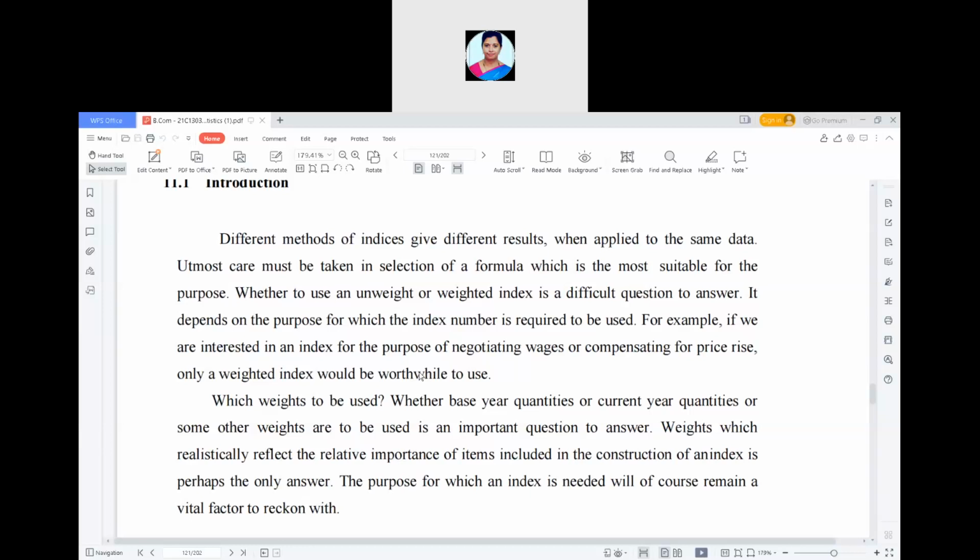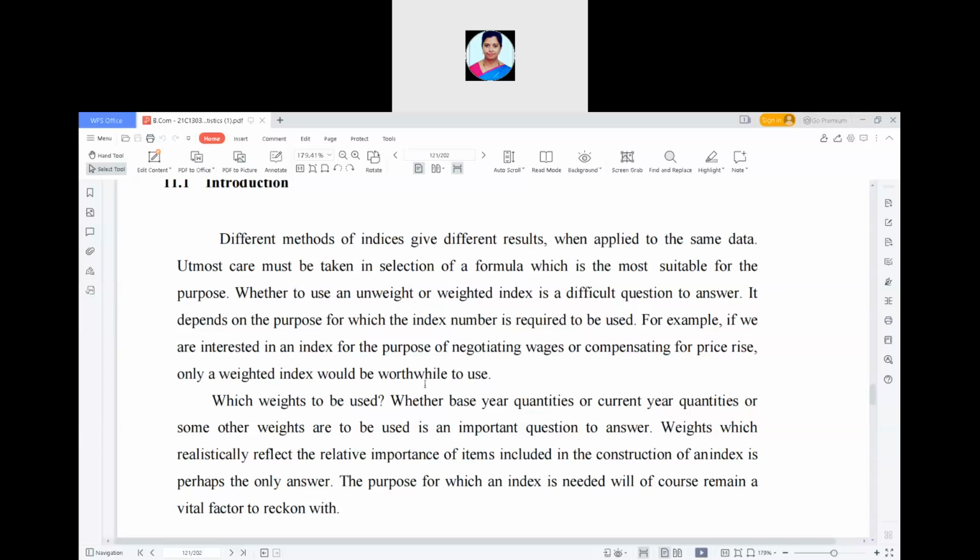So based on the base year and the current year, we consider quantities. Already we have seen the prices, so here we are doing the comparison of quantities. Quantity-wise we are doing the comparison, or some other weights are used, which is an important question to answer.